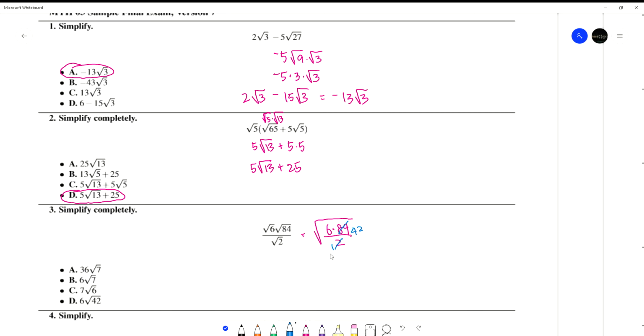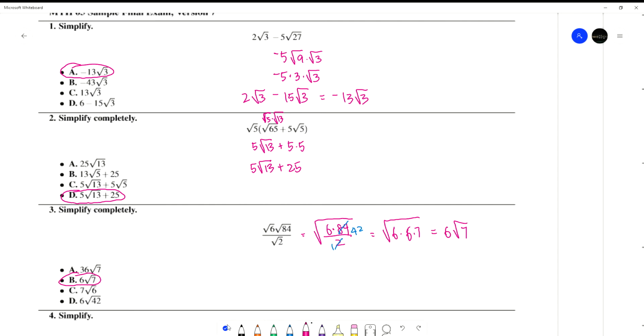Yeah, so this is what you're looking for. You're simplifying under one radical, right? And this 42, you're left with 6 times 42. So that's what? 6 times 7 is 42, right? So that's why this simplifies to 6 radical 7. That's answer choice B.